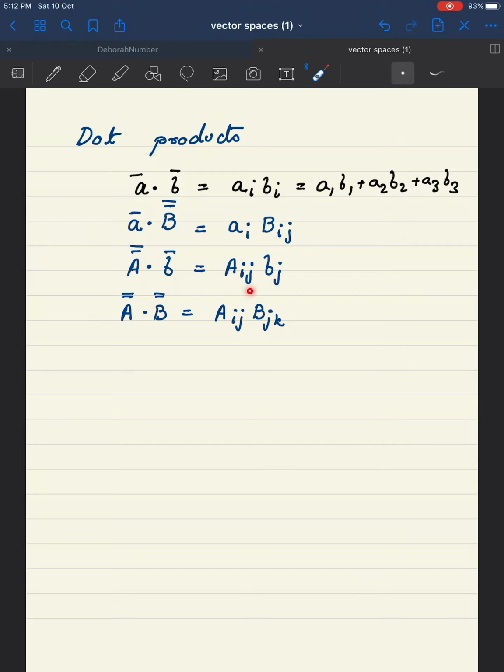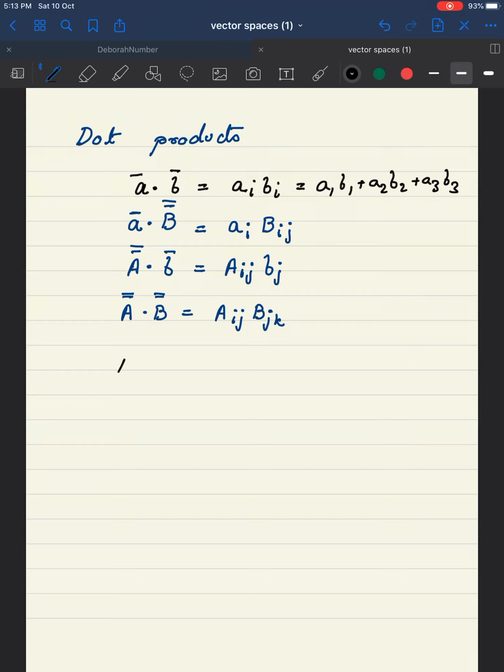Similarly, here j is the repeated index, i is the free index, and in this case j is the repeated index and i and k are the free indices. So, you can easily understand what this multiplication is leading to.